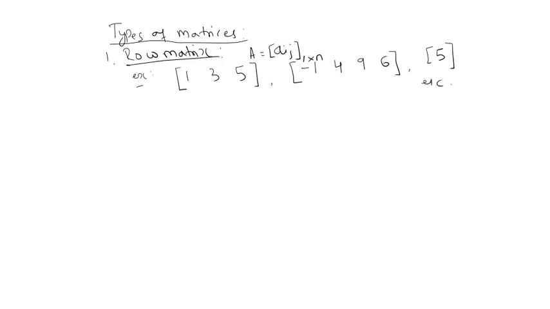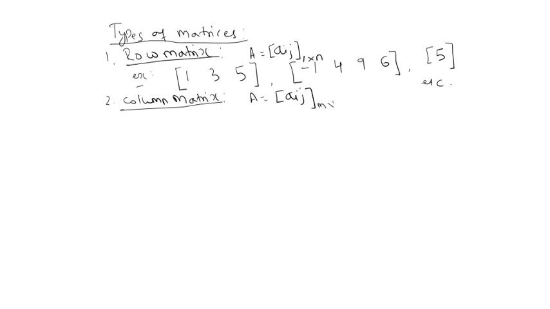Now similarly we can define column matrix. Column matrix means there will be only one column and many rows. So we can say that A equal to Aij, and here the order will be m by 1.